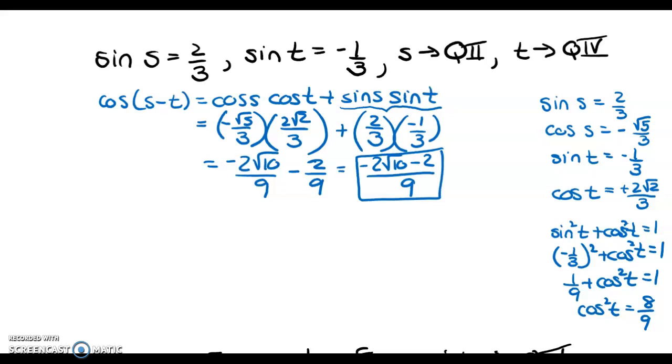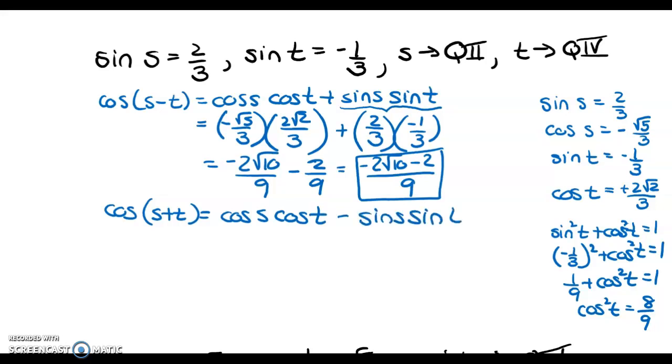So now if I wanted to find the cosine of s plus t, I need the cosine of s, cosine of t, minus the sine of s, sine of t, and these are just our original values that we ended up with. Oh, did I forget to add?